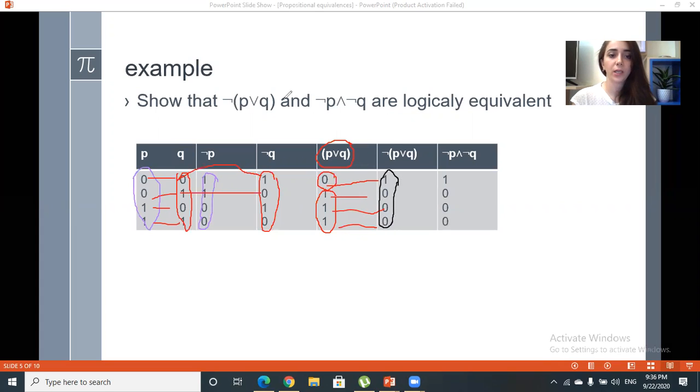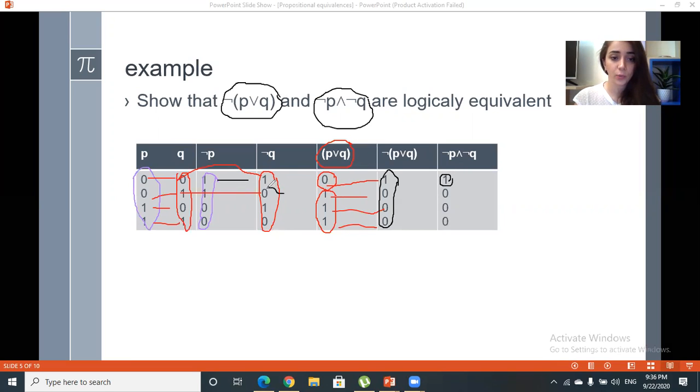Now we have found the first operation. Let's find out the result of the second operation. Look, please. We should find the conjunction of negation P and negation Q. Look, the conjunction of 1 and 1 is 1.